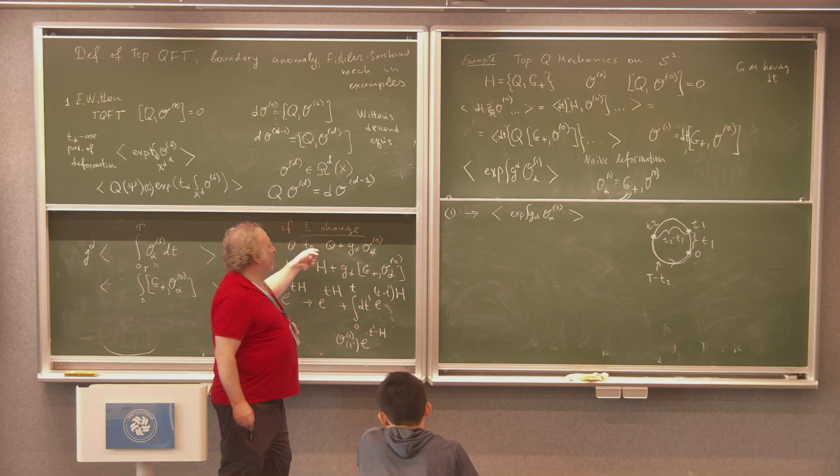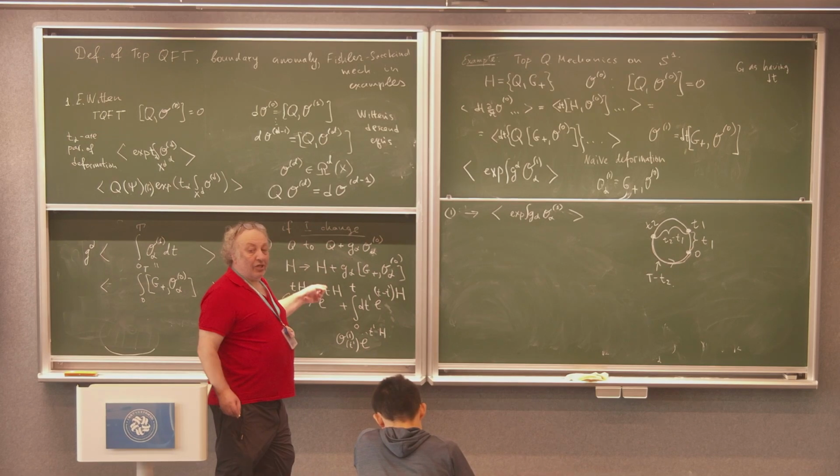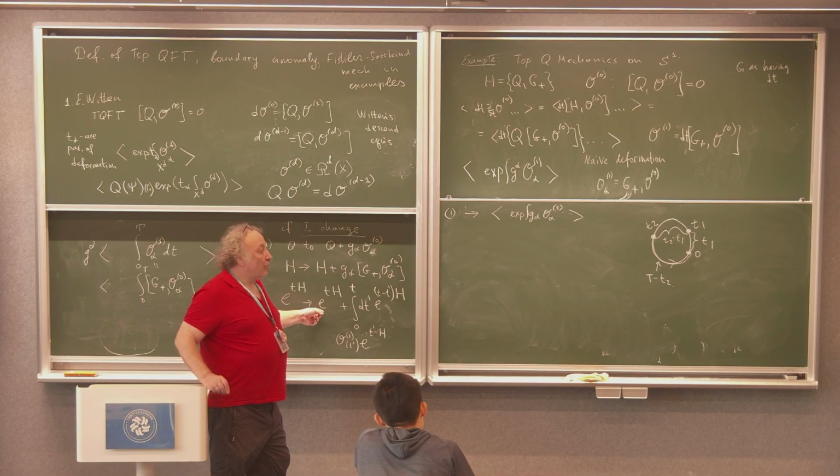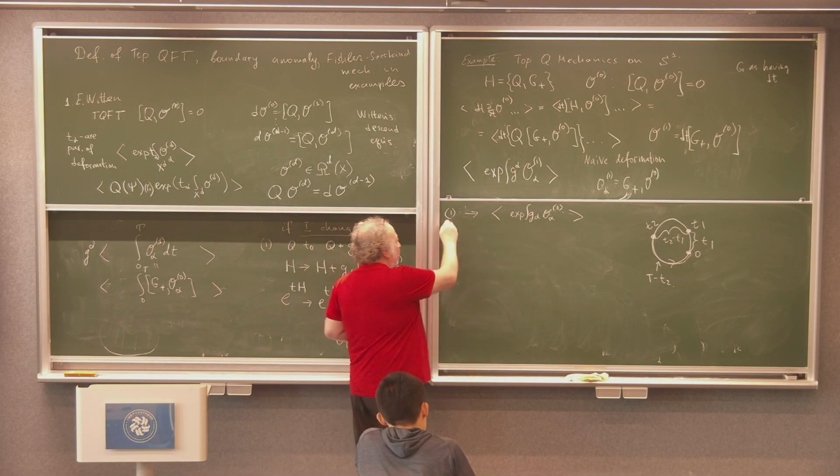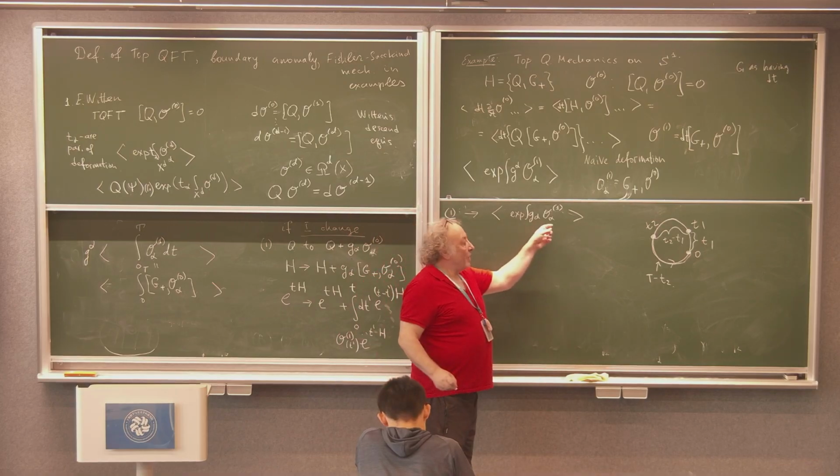So in one, I changed Q and changed the Hamiltonian corresponding to one. Here, I'm changing the correlator.